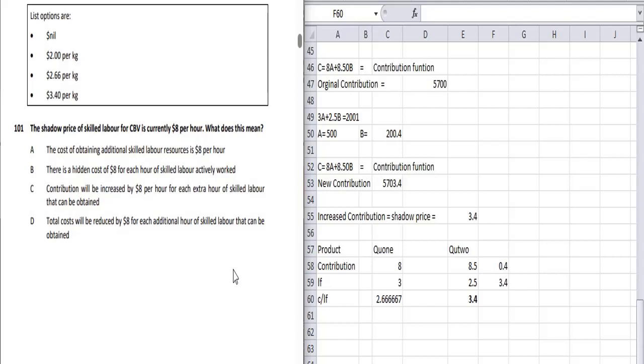Let's read out the first option. Otherwise, the definition in the book is: it's the increase in the contribution created by the availability of one additional unit of limiting factor at the original cost.